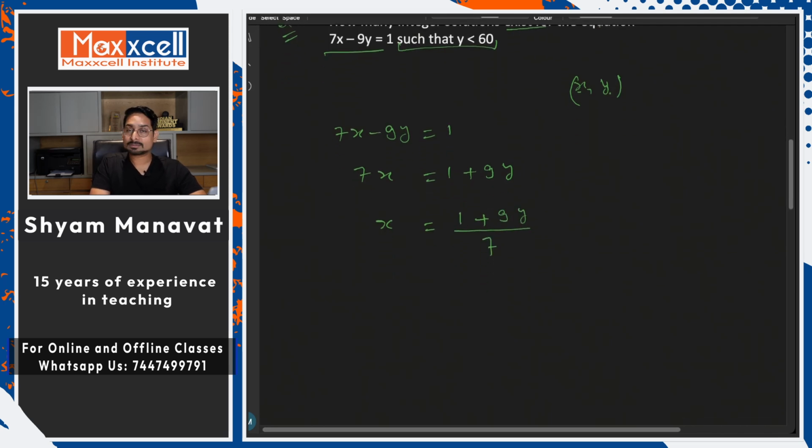It's not necessary that you take only y this side. You can take x also, whichever makes it easy for you. So this is your first step, where you have written the value of one variable in the form of the other variable. You got a single variable at one side, with no coefficient and no other term with this variable, and on the other side you have the rest of the terms.